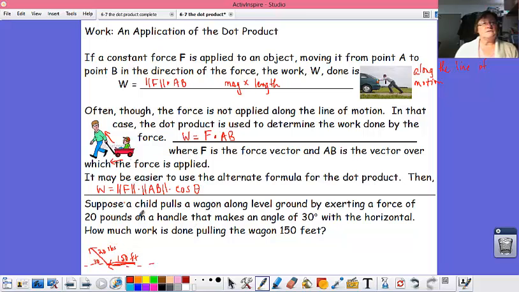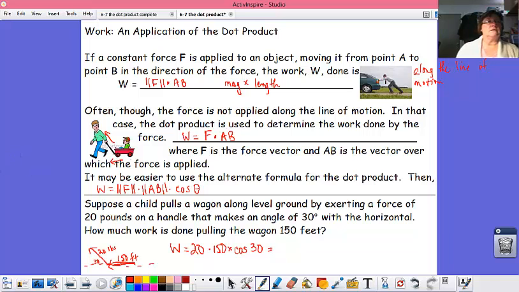According to the formula for work, if we take the magnitude of the force vector, that's that 20 pounds that they told us about, the length that he's pulling, that's the distance vector, if you will, 150 feet, times the cosine of the angle in between them, we can find how much work is being done to pull that wagon that far.